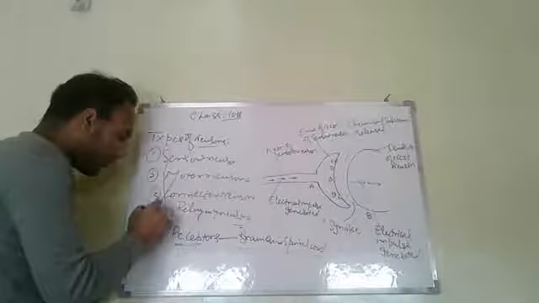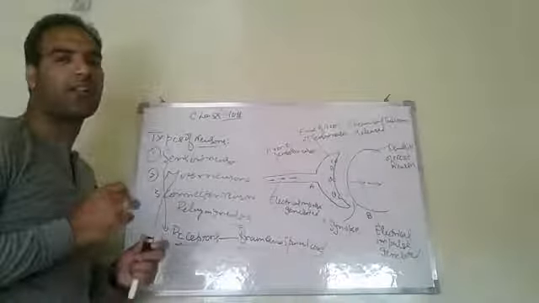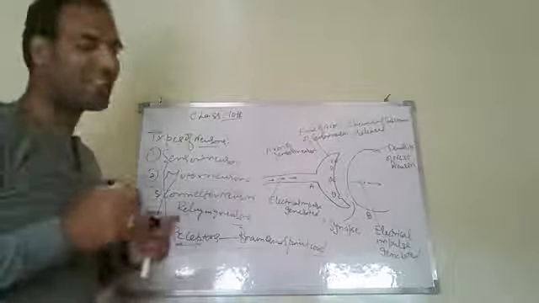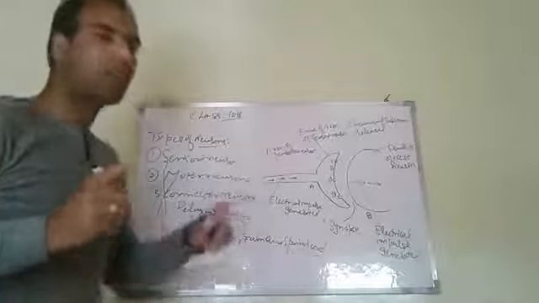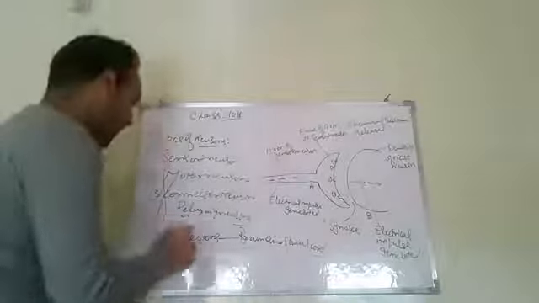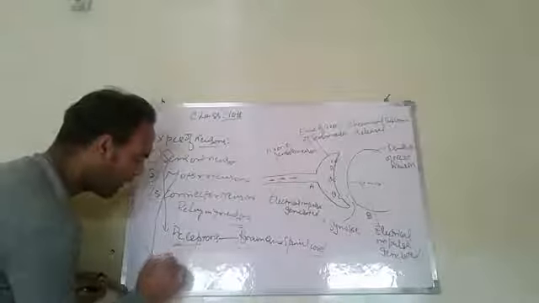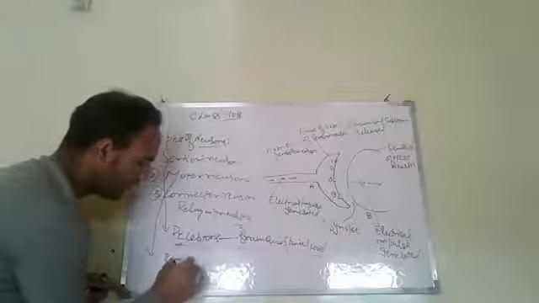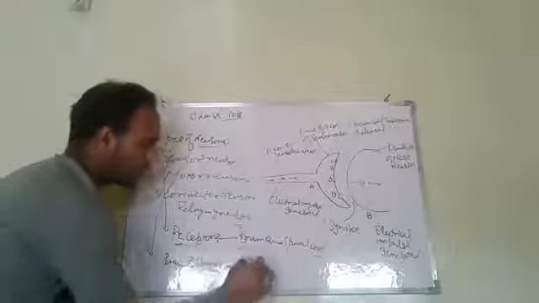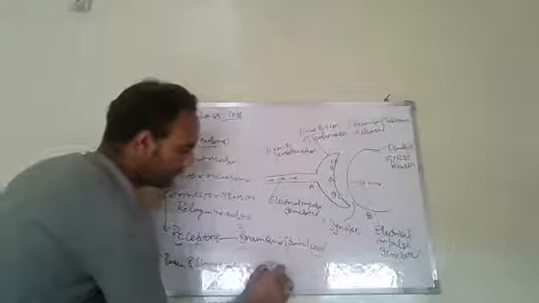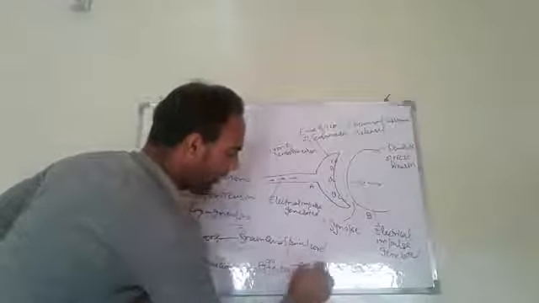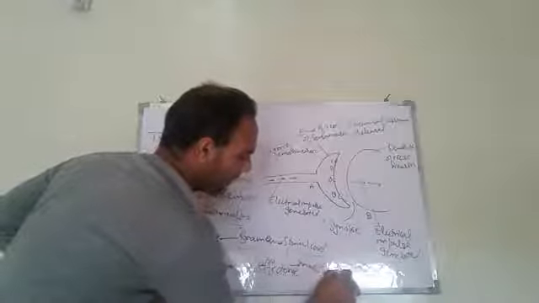Second type of neurons are called motor neurons. These motor neurons transmit impulses, meaning electrical signals, from the brain and spinal cord to the effectors, which are mainly muscles and glands present in the human body.